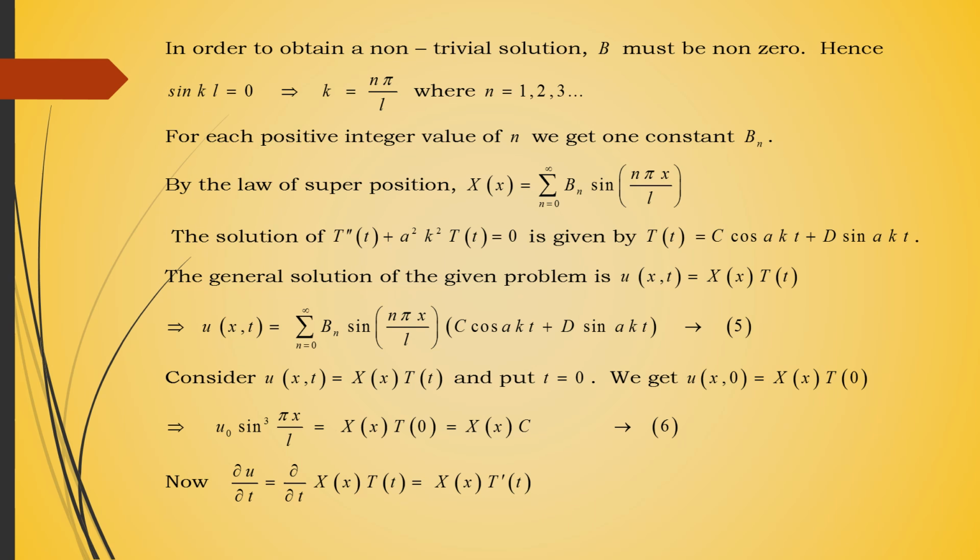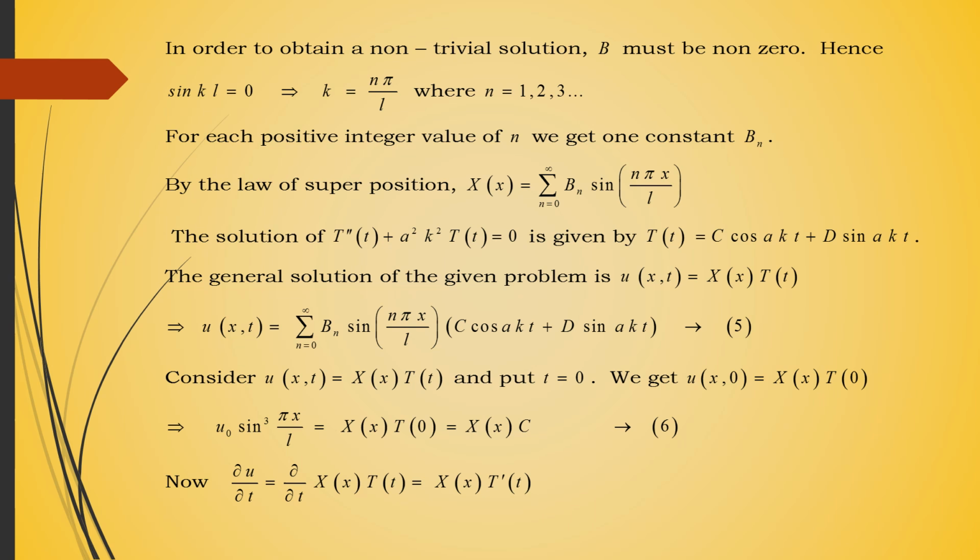So the solution of the differential equation T''(t) + a²k²T(t) = 0 is given by T(t) = C cos akt + D sin akt, where C and D are two arbitrary constants. The general solution of the given equation is u(x,t) = X(x)T(t).